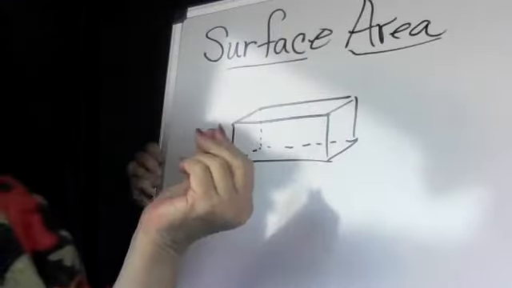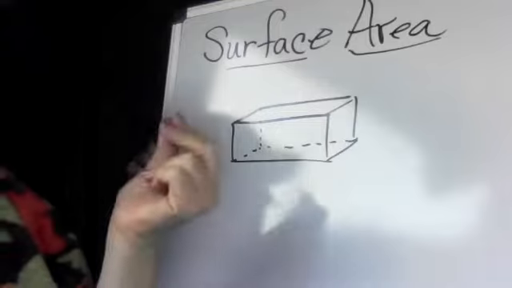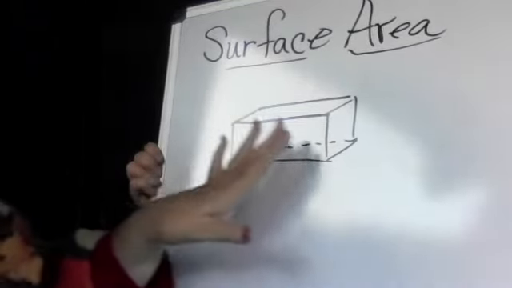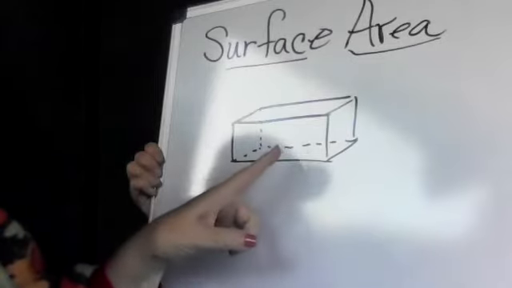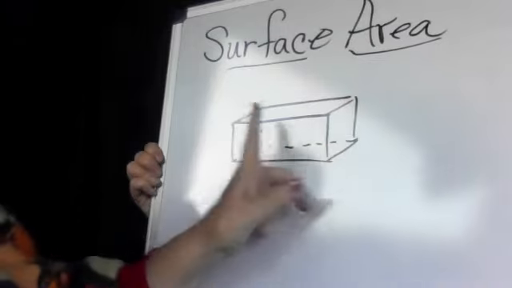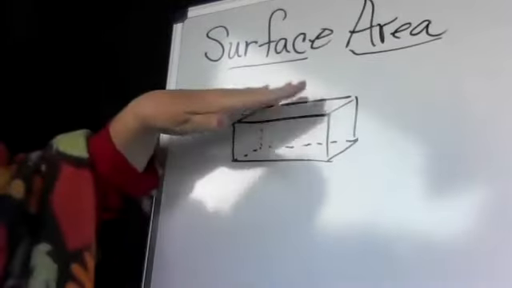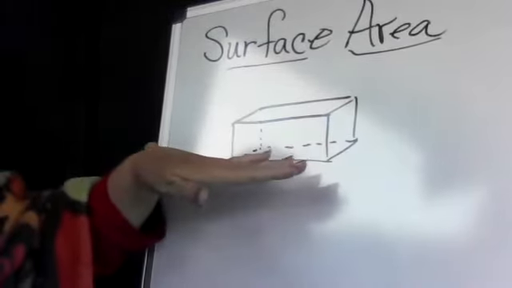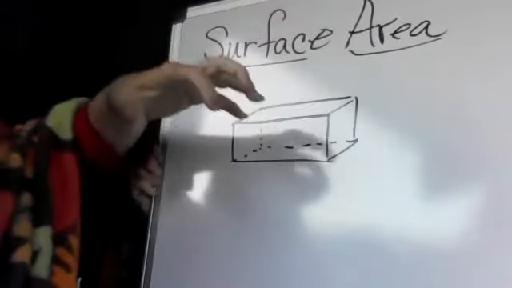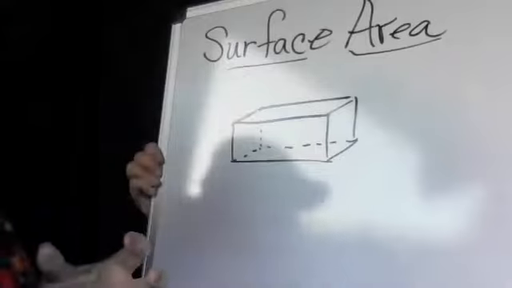What I like to think of when I'm talking about surface area is, if I were to paint the outside of this box, I would paint this side, the back side, this side, the top, and the bottom. I'm not going to pour paint in so that this fills up with paint. That would be volume.